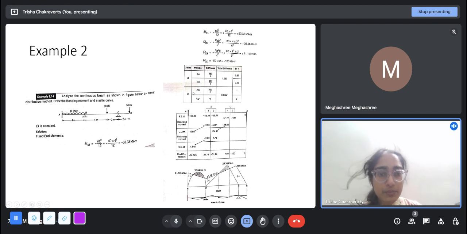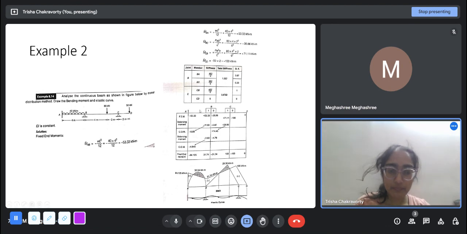So now we find the distribution factors at B and at C. At A and D, the absolute ends, we don't find distribution factors. At BA and BC, BA has stiffness 4EI by its length, and BC has stiffness 3EI by its length, so 4 plus 2, and you get the ratio as 2/3 and 1/3.